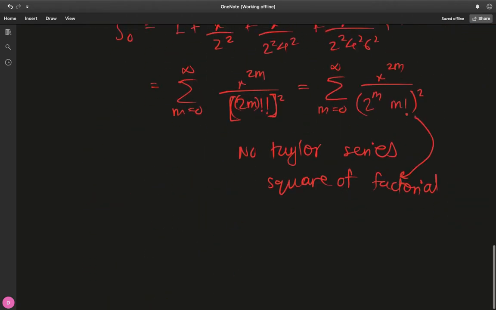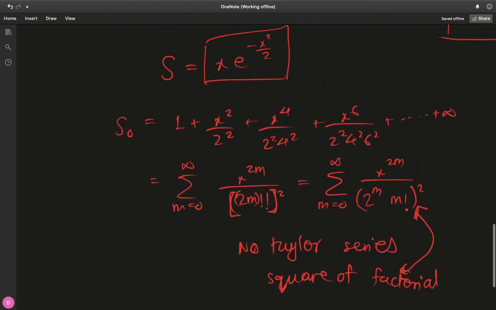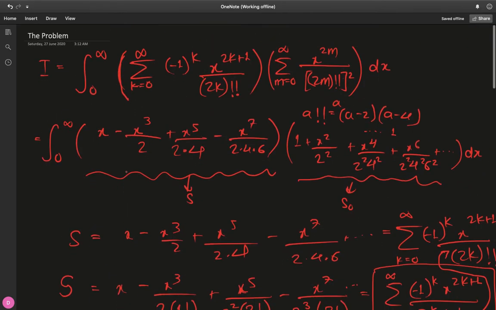But there is no Taylor series, you can check it, which involves the square of a factorial. So what we're going to do is just let this be as it is. We're going to represent this with a general form, and we are going to take this integral and plug everything back in on a fresh page. See you there.